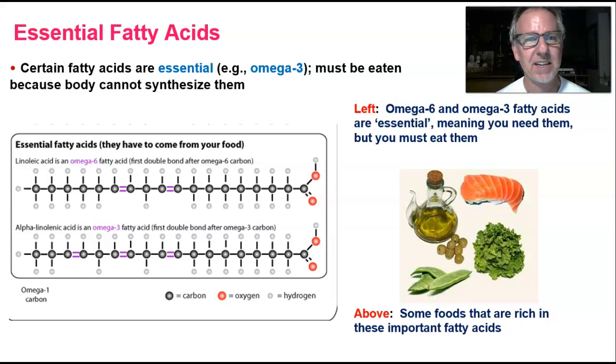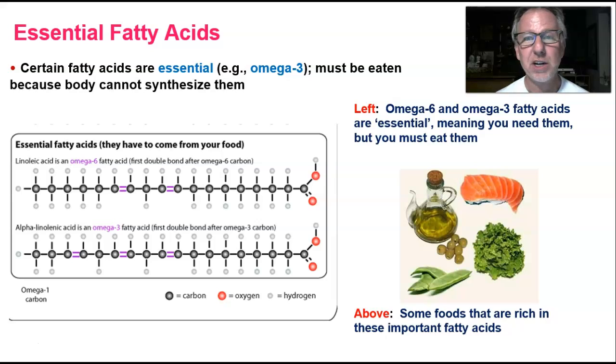So that's an omega-6. In fact, you can see 2 double bonds in that fatty acid, so there would be 2 kinks in there. It would be pretty kinky. Alpha-linolenic acid is an omega-3. And so if you count from the left, 1, 2, 3 carbons, you get to a double bond. That's omega-3. And there's a couple other double bonds in there, so that one's really kinky.